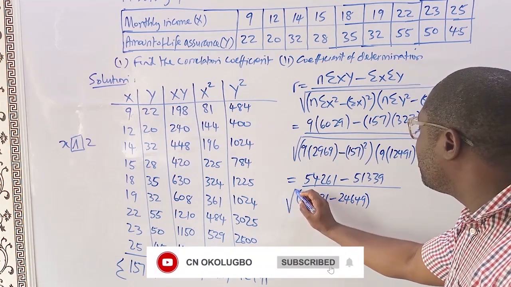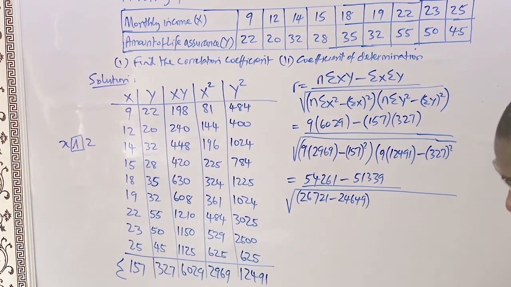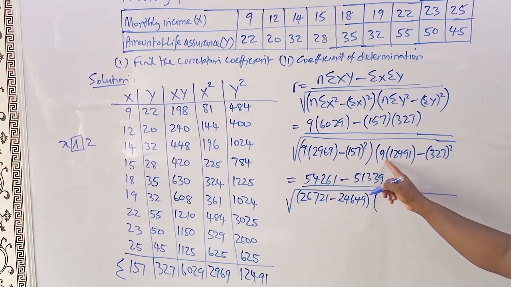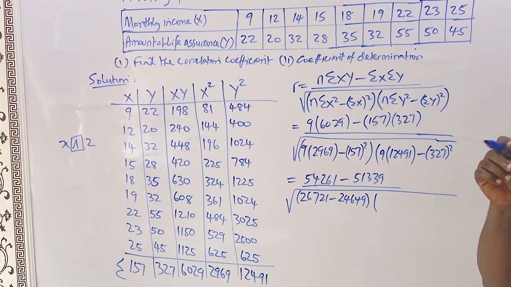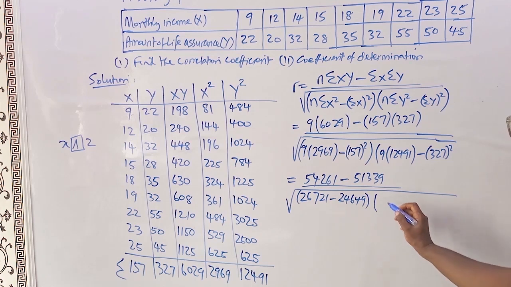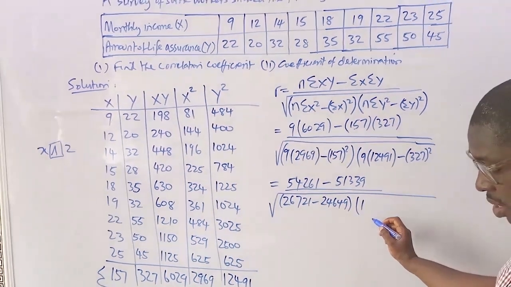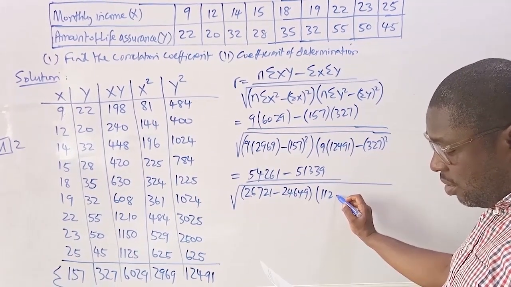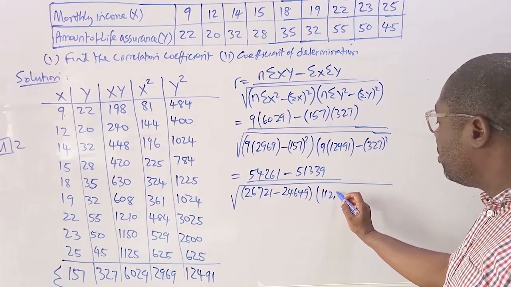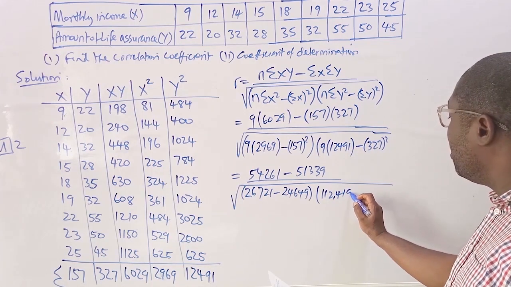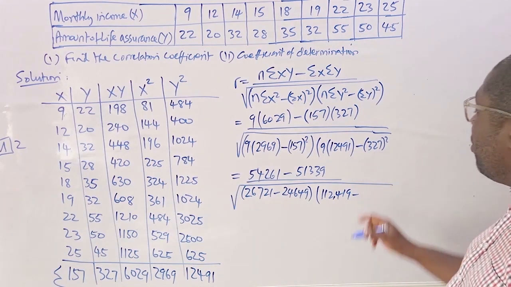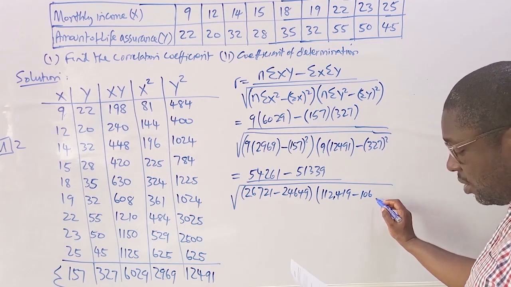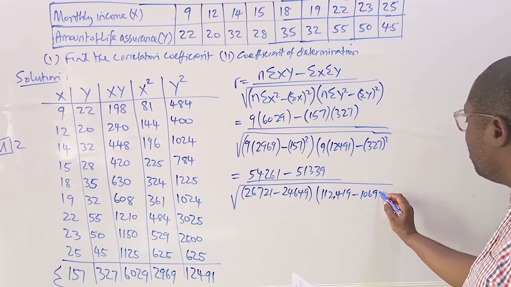Remember, we have a square root here that will cover this. All right, times what we should have from the product of 9 times 12,491, which should give us 112,419, minus the square of 327, which is going to give us 106,929.